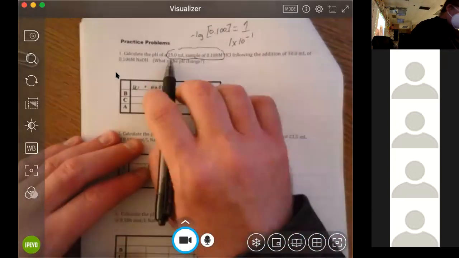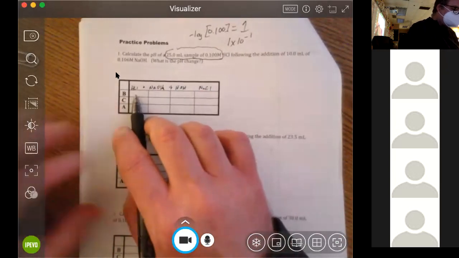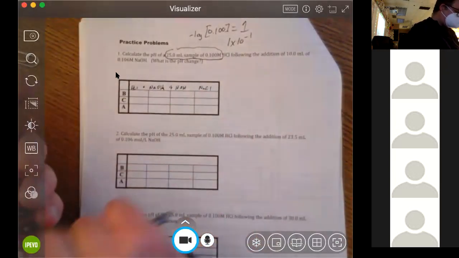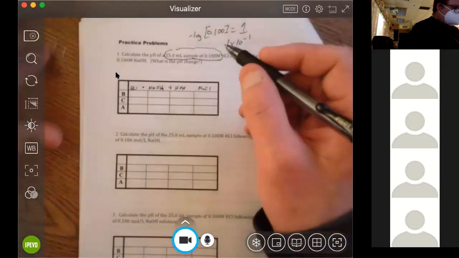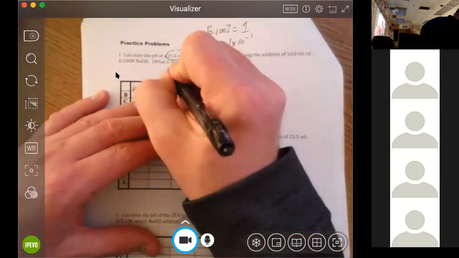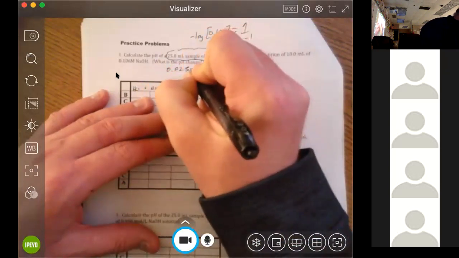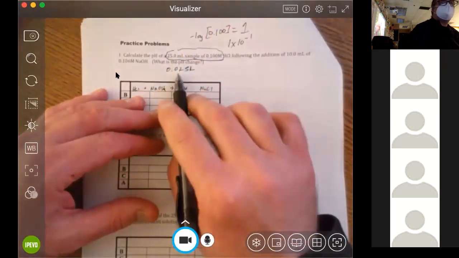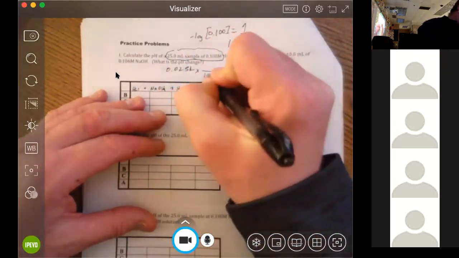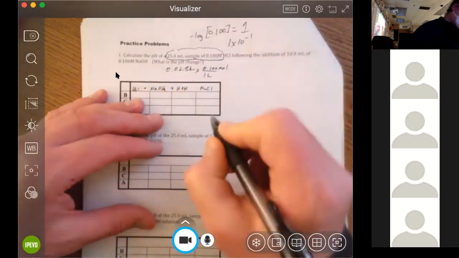So remember, we need to find the moles for this. I'll go ahead and write it out just to make sure we're on the same page. 0.025 liters. Basically just change that to liters. Every 1 liter of this is 0.100 moles.